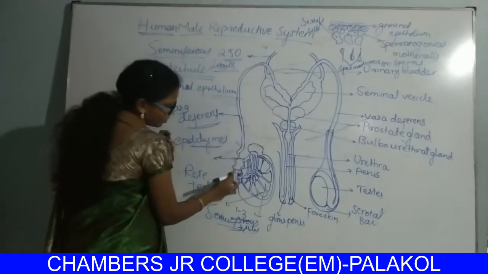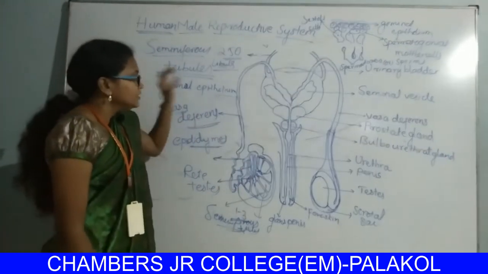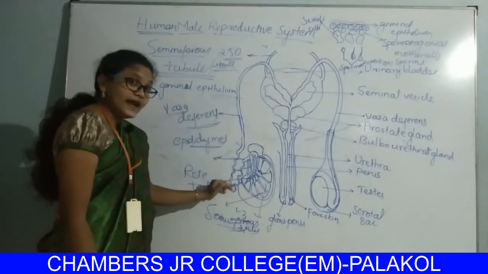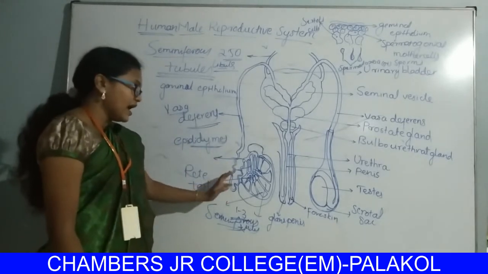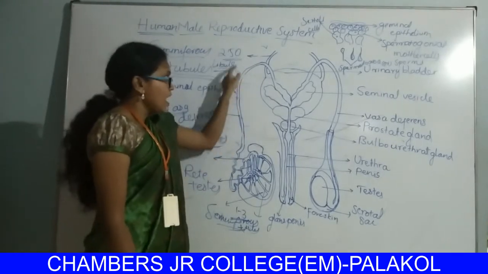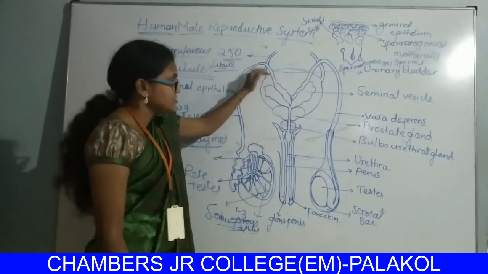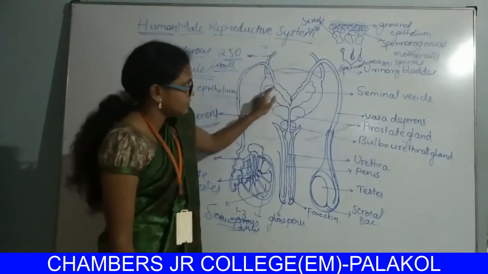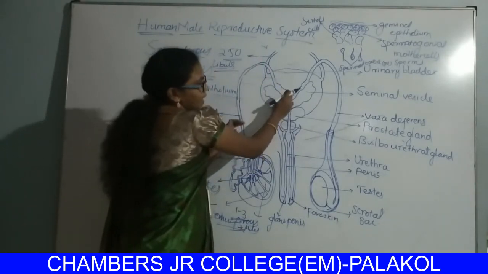The vasa deferens starts at the tip of the epididymis, passes through the abdomen, extends and loops over the urinary bladder. This is the urinary bladder, right?